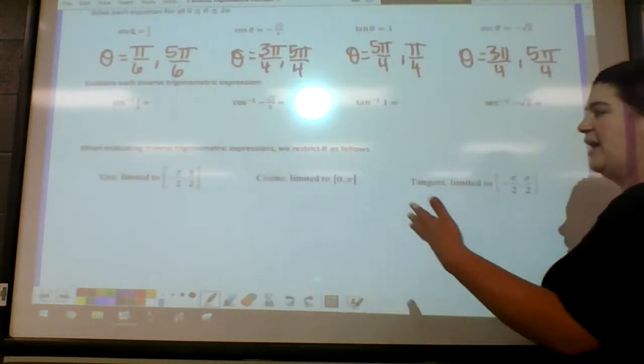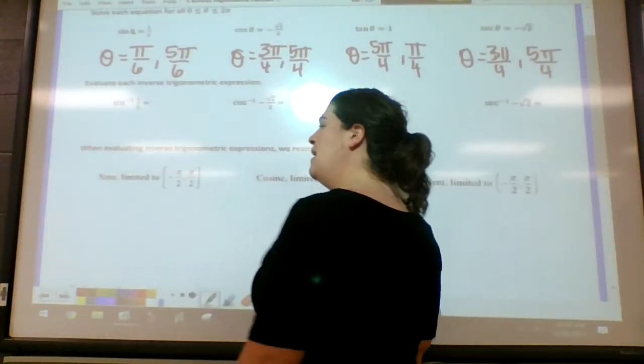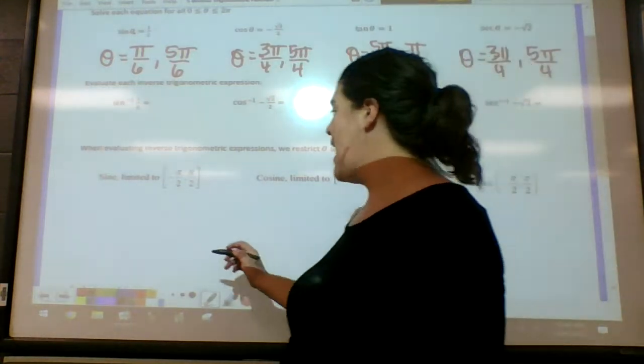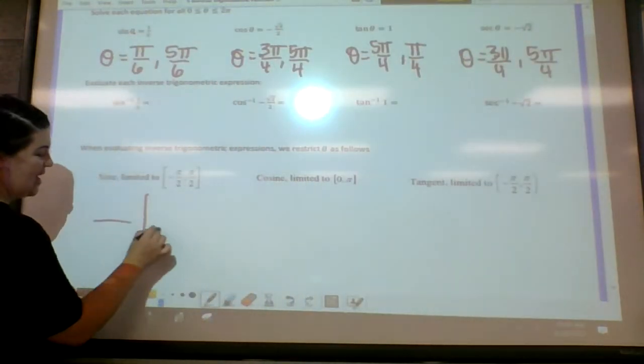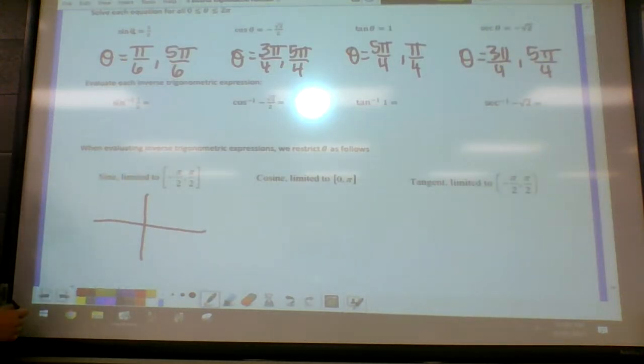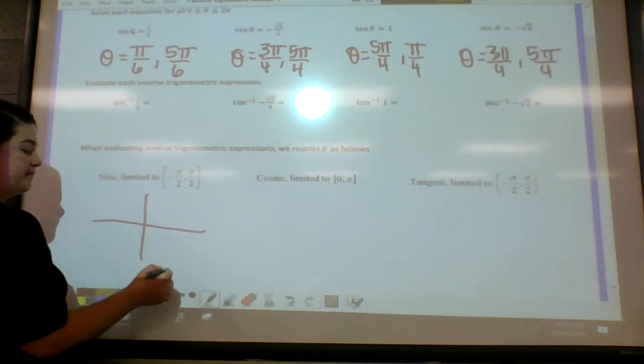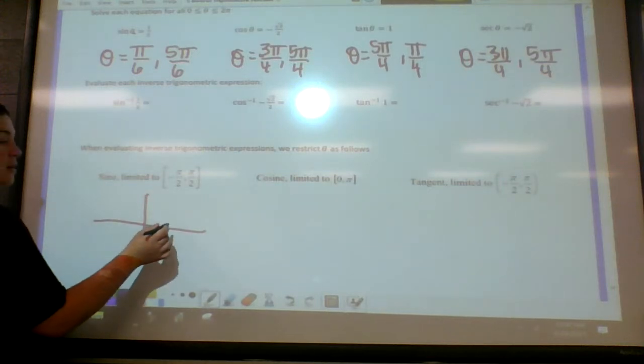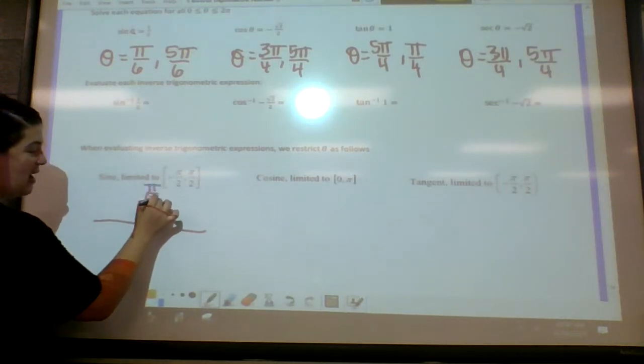I have them written right here. Sine is limited between negative pi over 2 to pi over 2. So where is that on the unit circle? What quadrants is negative pi over 2 to pi over 2? Where's pi over 2 at? Let's start there. Yeah, that's up here, right? This is pi over 2.